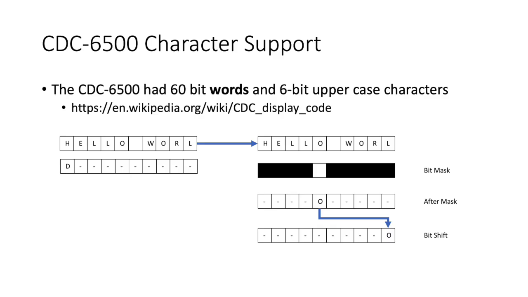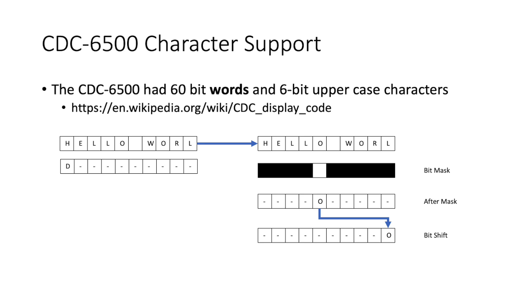It had 60-bit words and packed 6-bit uppercase characters into those words, and it used a series of zeros to fill it up. So if I put the words hello world into the CDC 6500, it took 2 words, and hello space WORL was packed into the first word, and D was in the second one, and then we did what was called zero filling. The rest of those characters were all zeros.